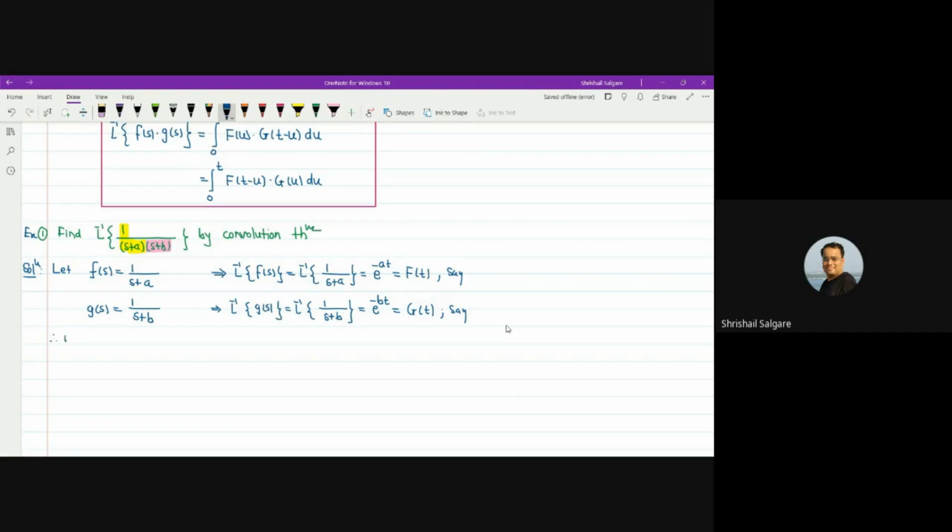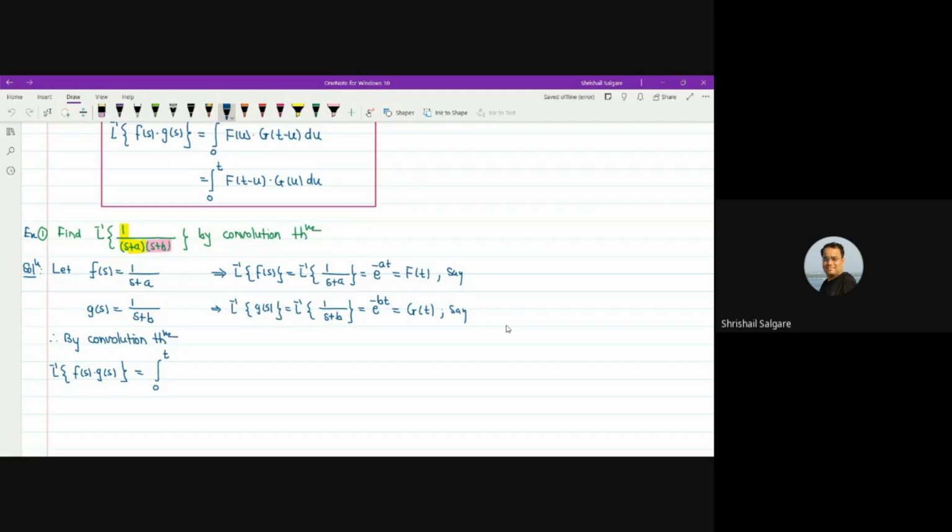Therefore, by convolution theorem, L inverse of the product f of s into g of s is given by, I will use our result, 0 to t. Whether to apply the first or the second result, you have to decide by looking at the terms f of t and g of t. In this case both are exponential, so you can use first or second.